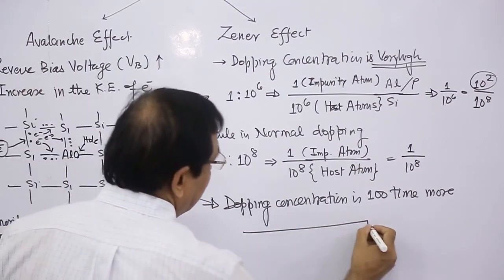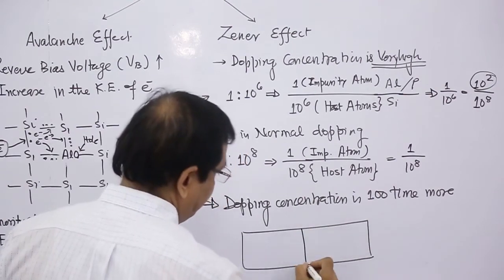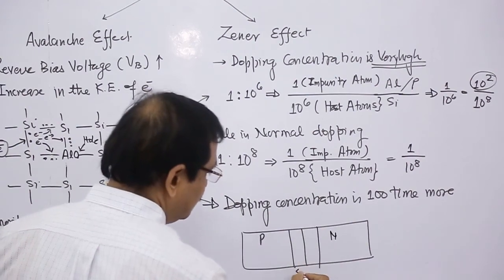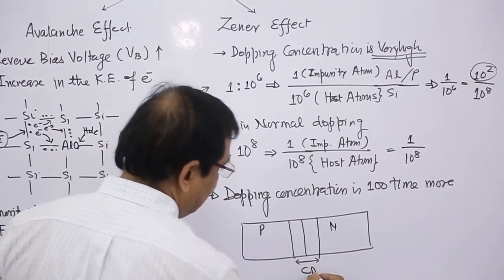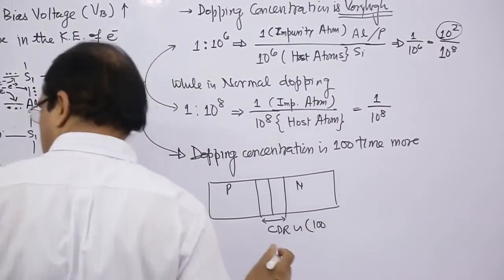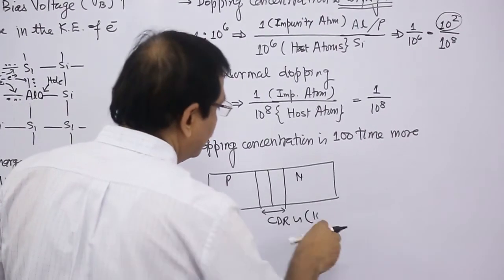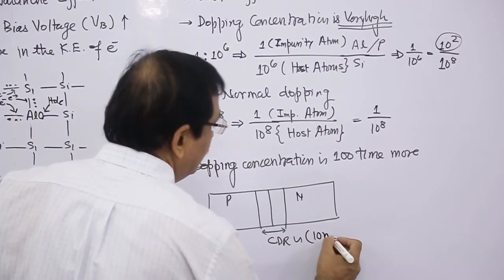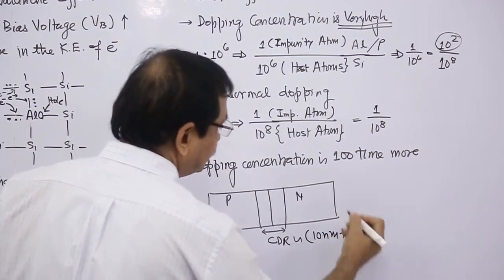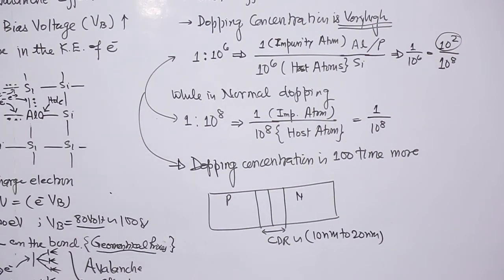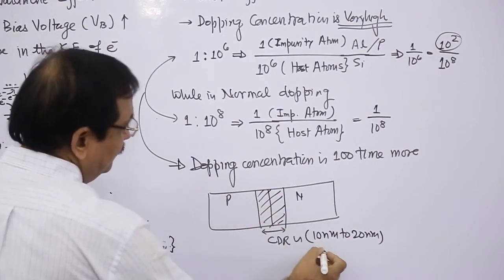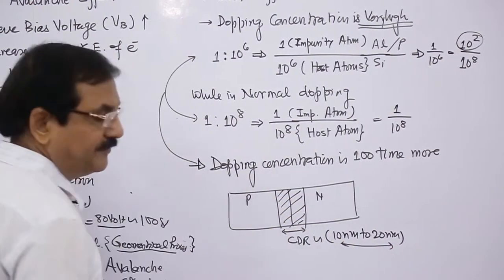The impact is, if this is a p-n junction, this is p type and this is n type, then due to the high doping, this part, that is CDR, is approximately 10 nanometer to 20 nanometer. So, this width is very, very small.